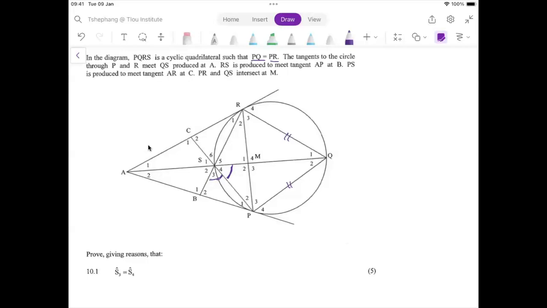This simply means that this angle must be equal to that. And then, no, it's not equal to that, but this angle is equal to R3 because of the isosceles part.